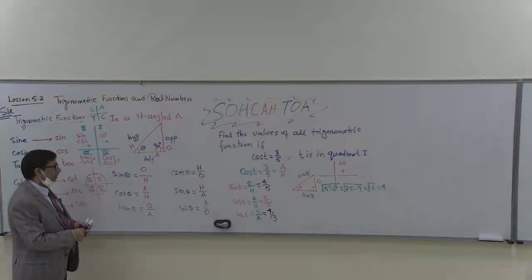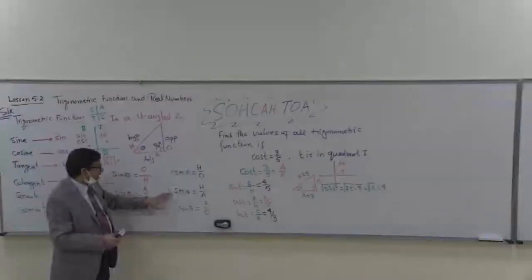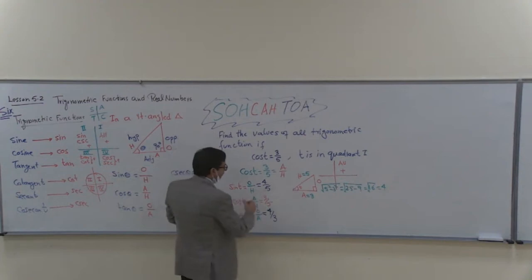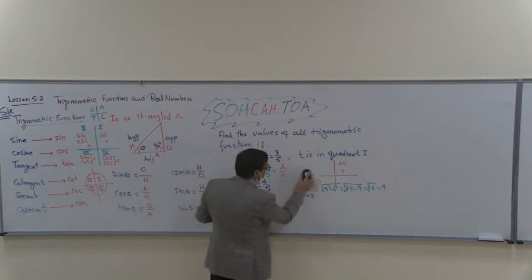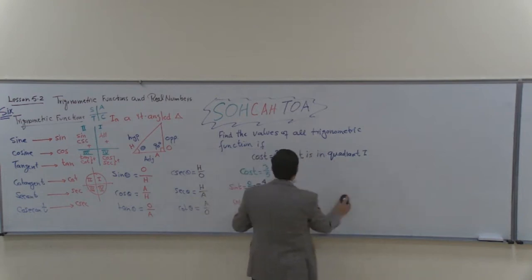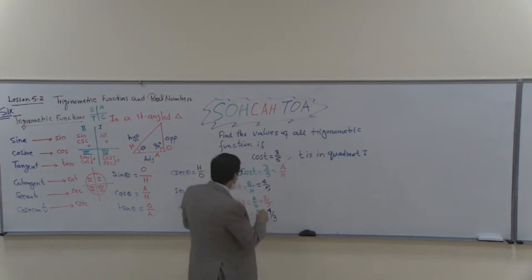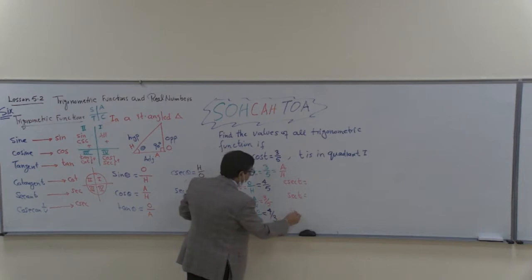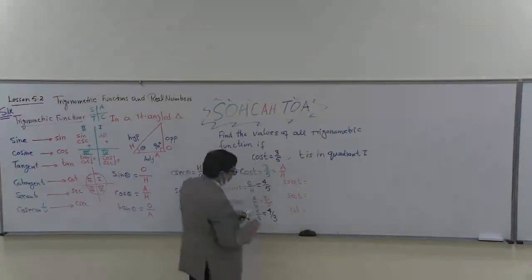Now, what is missing? We want to find cosecant, secant, and cotangent. Please write in front of them. So, I just erase this. Okay, now I write over here, its opposite is cosecant t, secant t, and this is cotangent t.